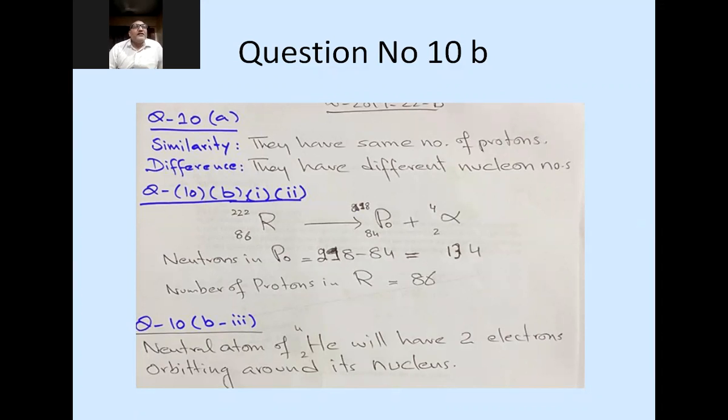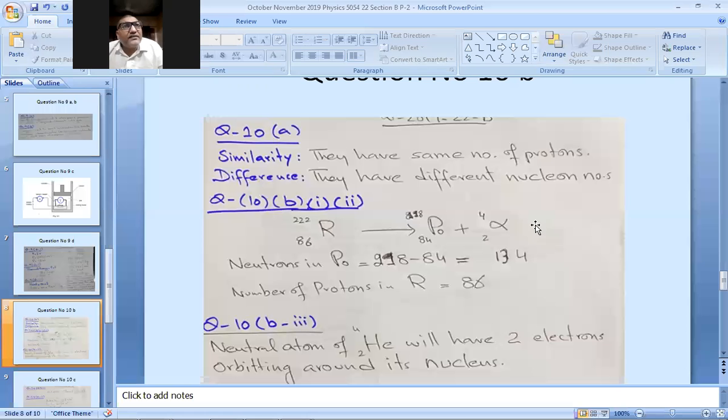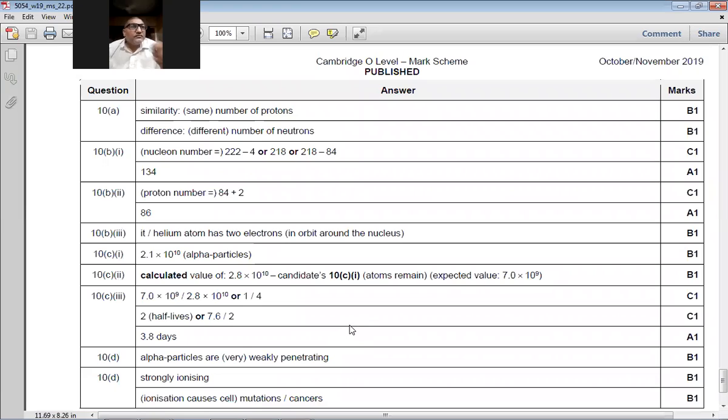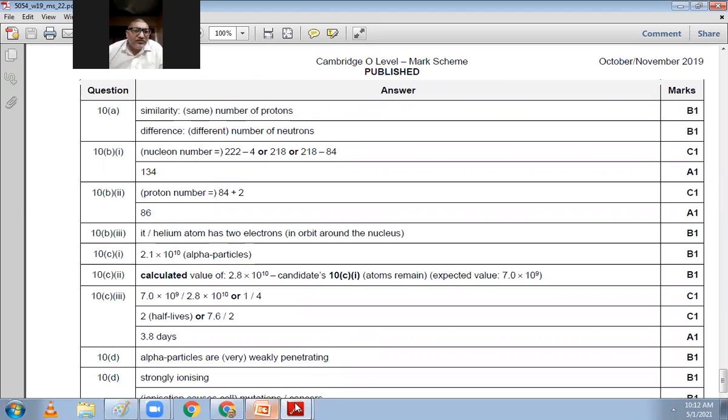The alpha particle doesn't have electrons. Okay, so that's the difference. It's a very simple, straightforward question. The mark scheme says a helium atom has 2 electrons in orbit around the nucleus. I hope you have understood. This was an easy question.